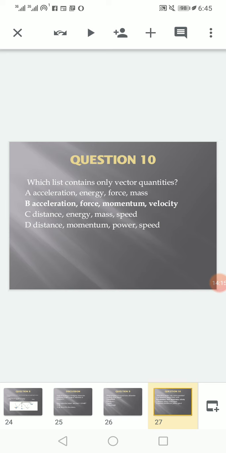I said scalar quantities are quantities that have magnitude but do not have direction, while vector quantities are quantities that have both magnitude and direction. So acceleration, force, momentum, and velocity, all these have both magnitude and direction. Hence, they are called vector quantities.